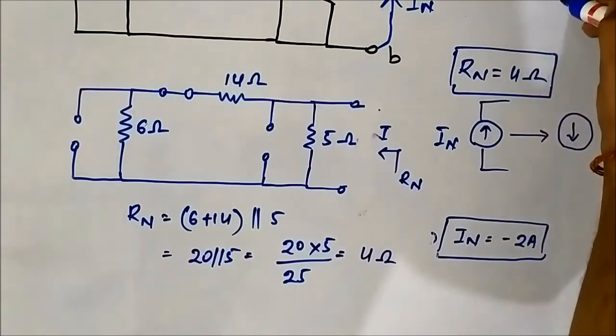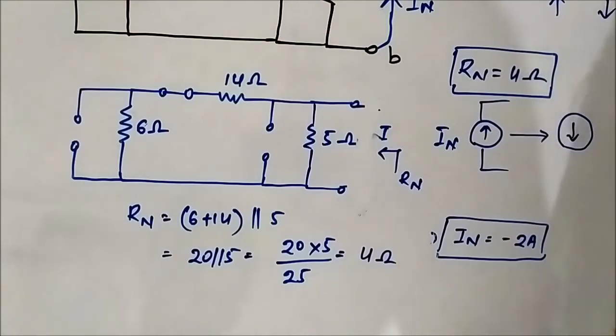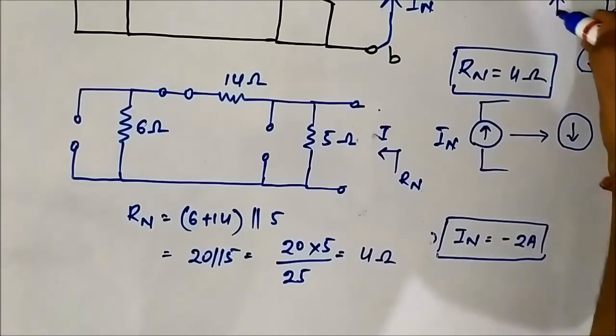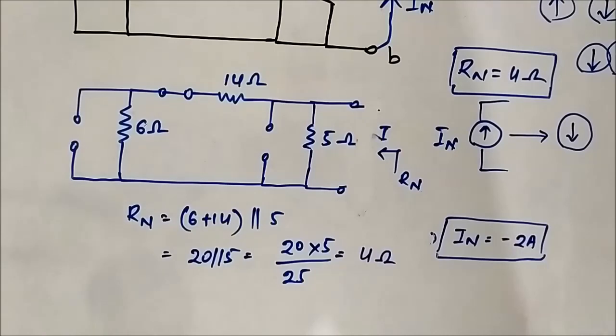Suppose we would have assumed in upward direction and we got minus, it means it is downwards. If we assumed downwards previously and we got minus sign, it means upwards. This is the difference. So never confuse with the minus sign. It means the original direction is opposite to that. Magnitude will stay the same. So this is the fourth question related to application of Norton's theorem.